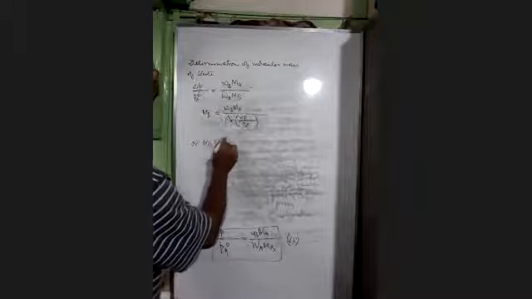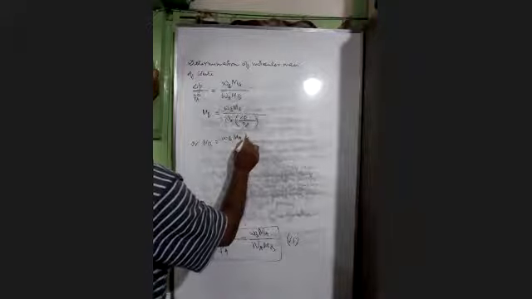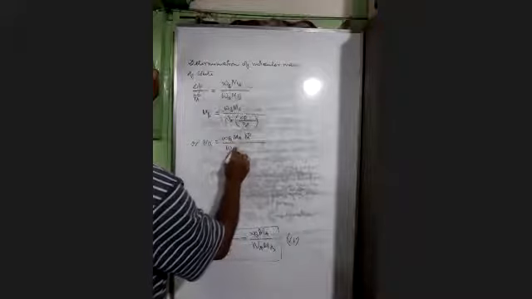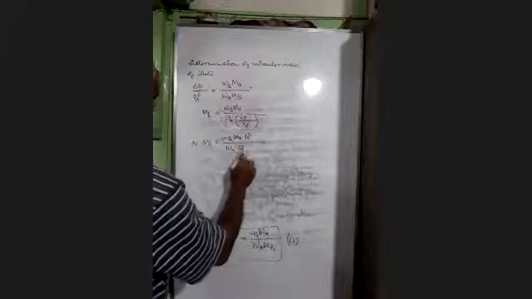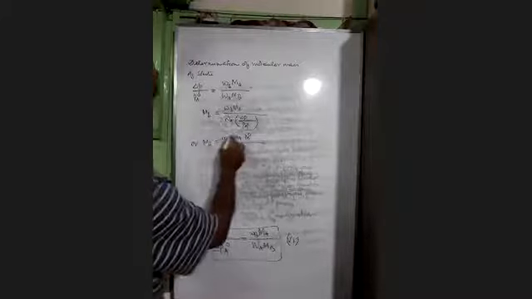Or what we can write? I'll put this on the top. MB is equal to WB MA PA0 by WA delta P.